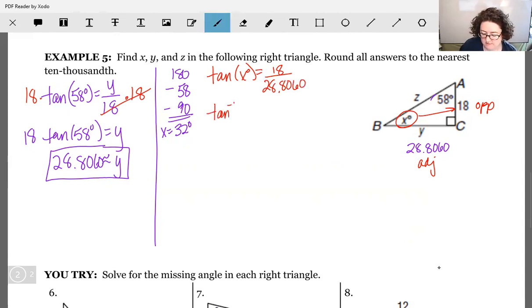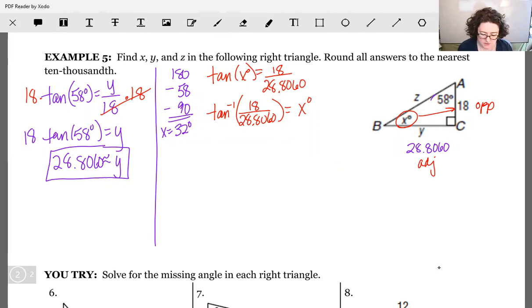So tan inverse of 18 divided by 28.8060. This is why we want to use things with as many decimal places as possible, because now I will have a much more exact answer if I use that entire decimal. If I just used 28.8, I wouldn't be as accurate. And the calculator can interpret.